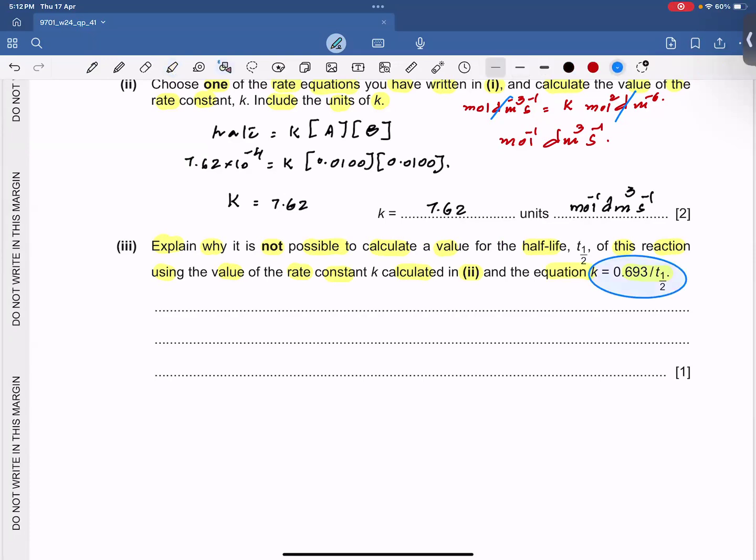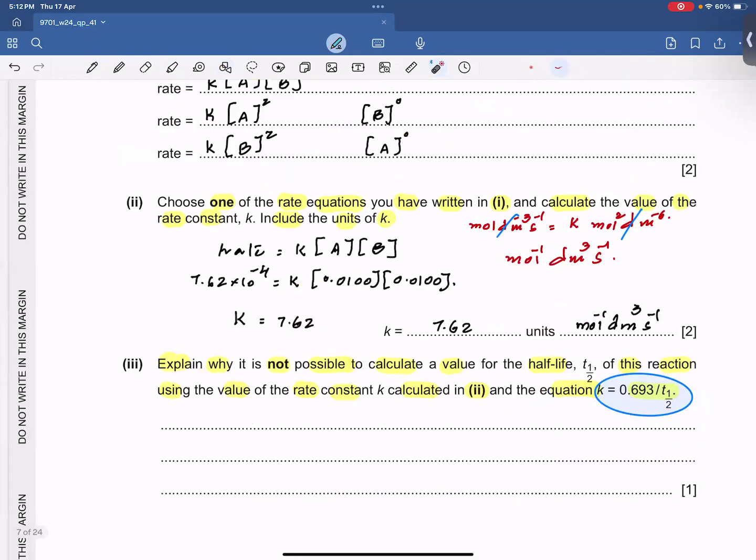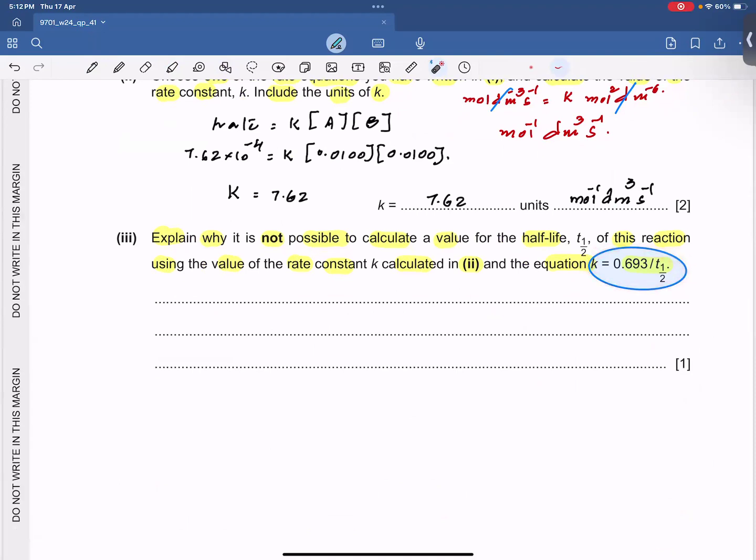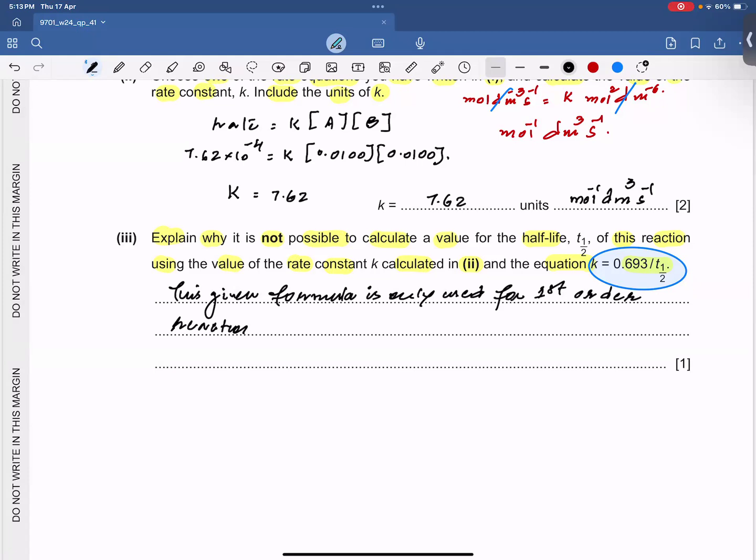So I can't use this equation because it is a second order reaction, and for a second order reaction we can't use this formula, because this formula is only applicable for first order reactions. So now we will write: the given formula is only used for first order reaction, since this reaction is second order, so we can't use it.